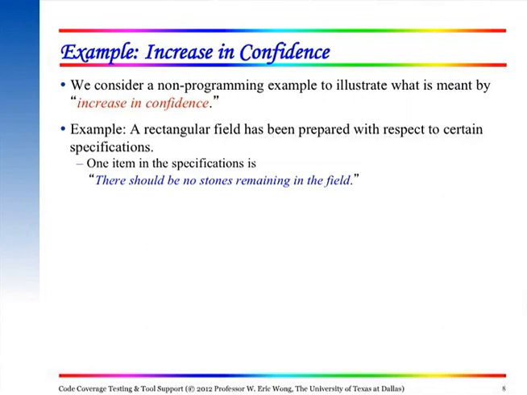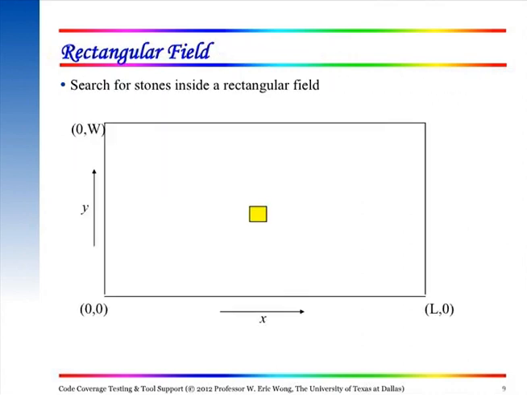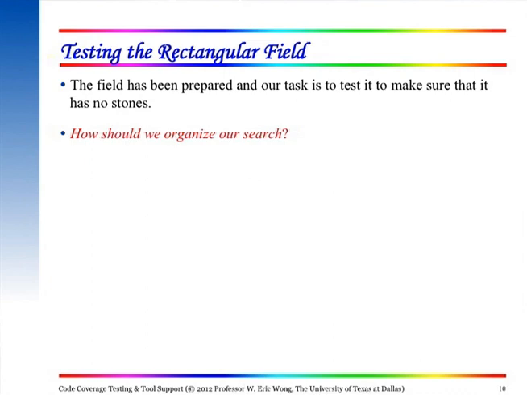Instead of using a computer program and explaining how the bug in a program can be detected, we're going to use a different example, which is easier to understand the principle of coverage and the benefit of doing coverage testing, which is, suppose I ask you to find whether there is a stone on the floor of this room.